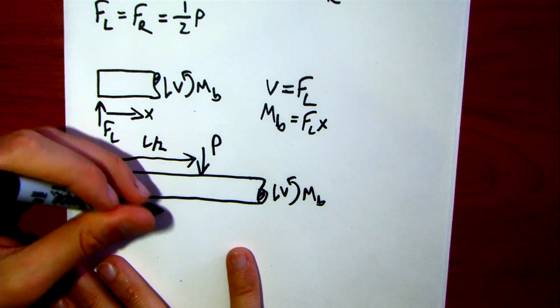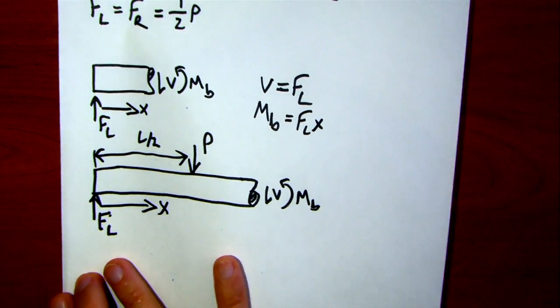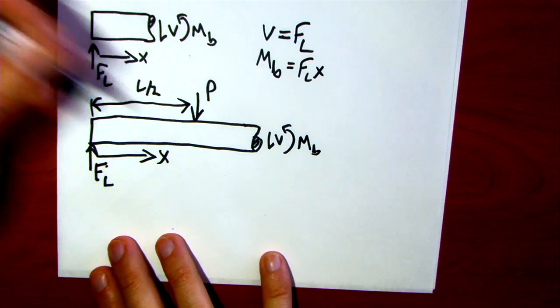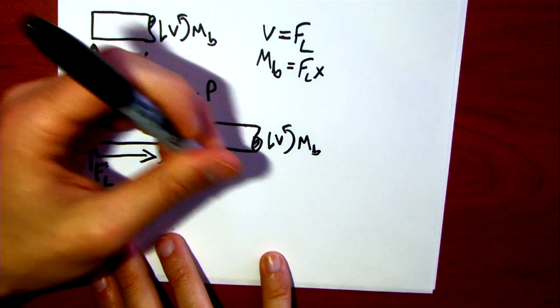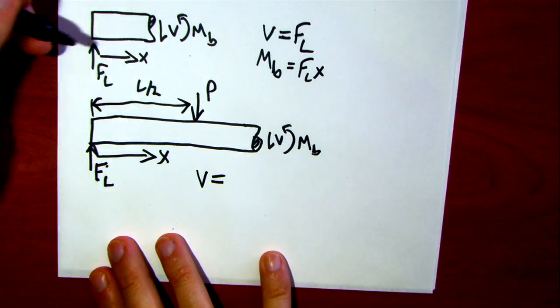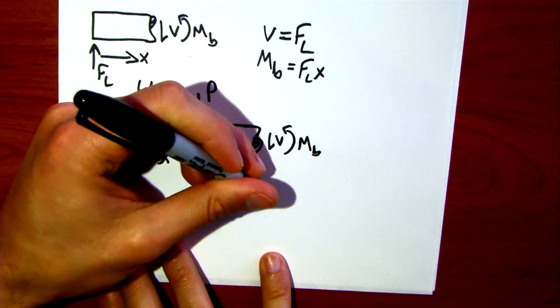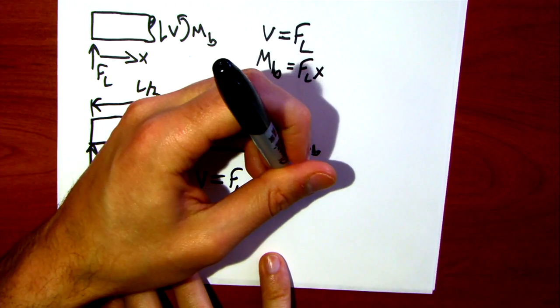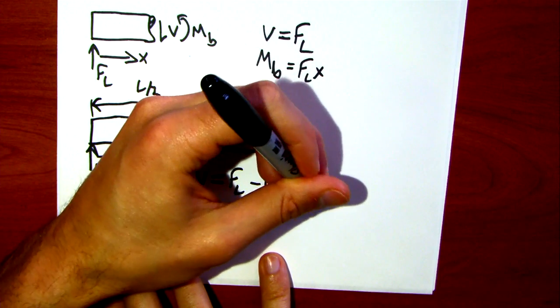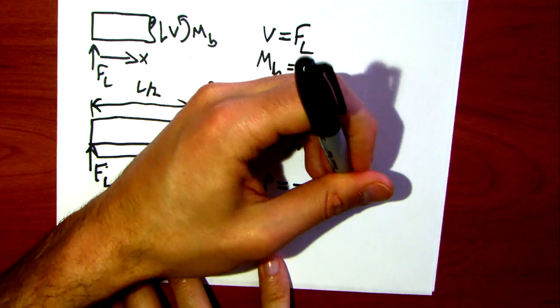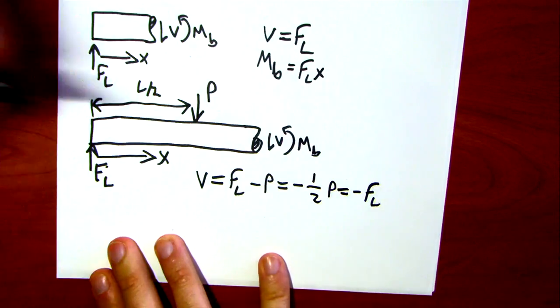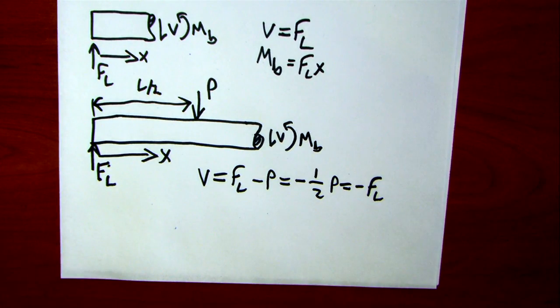I'm still measuring X from my far left side so that I'm consistent. Well, I can say that V equals FL minus P, or negative 1/2 P, or negative FL if I want to expand that out.